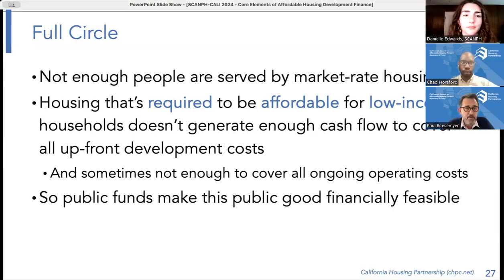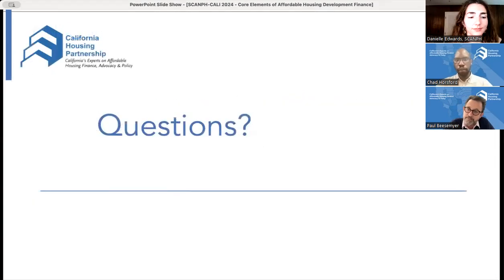And the big takeaways we want folks to have are that 1, not enough people are served by market rate housing, and you can find a lot more deep research on that on both SCAMP's and the partnership's websites. Also, housing that is required to be affordable for lower income people does not generate enough cash flow to pay for upfront development costs, and public funds are what makes this public good financially feasible. And that's where I'll stop and pop it back to Danielle.